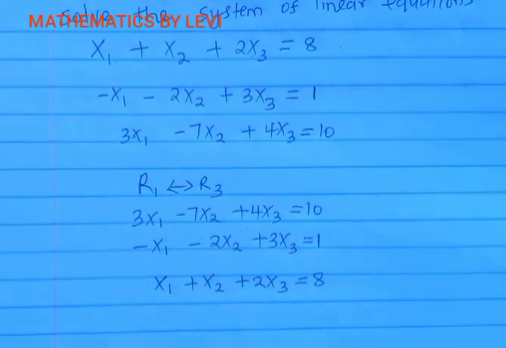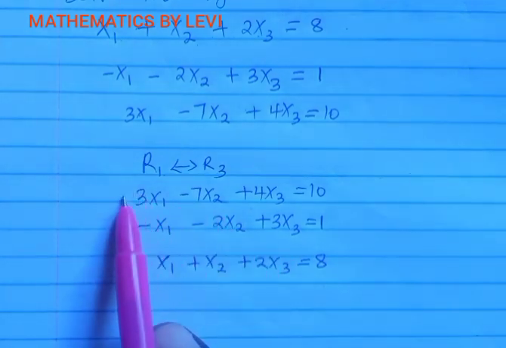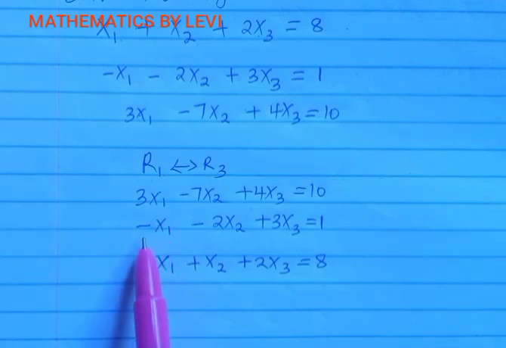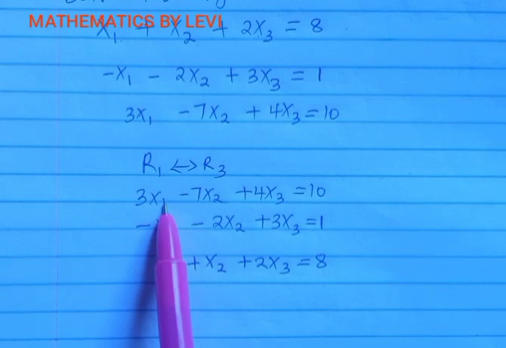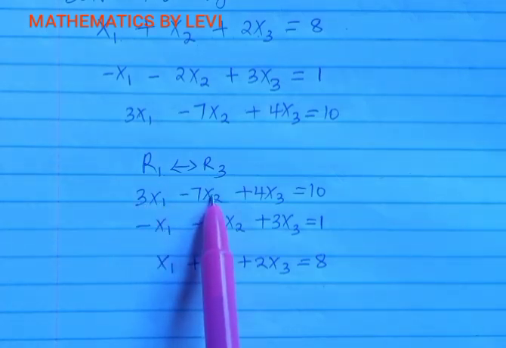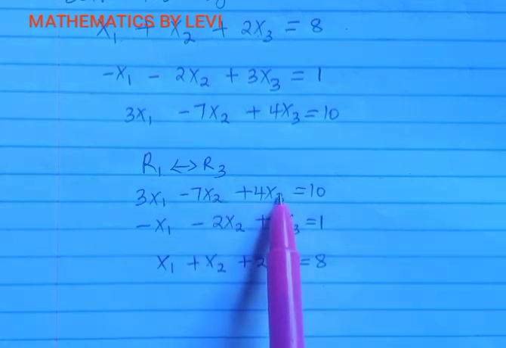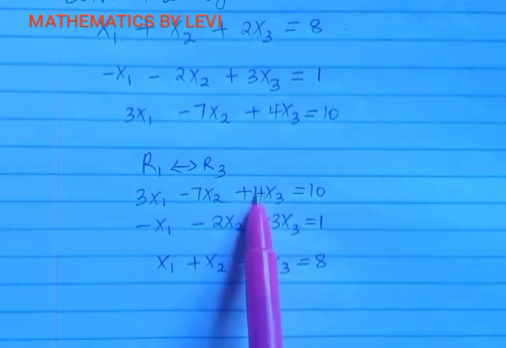Now, let us proceed this way. The second step that we take in the Gauss elimination method is rescaling. Rescaling can only be done if we have fractions. For example, the coefficient of x1 in the first row is 3, the coefficient of x2 in the first row is negative 7, and the coefficient of x3 is 4.